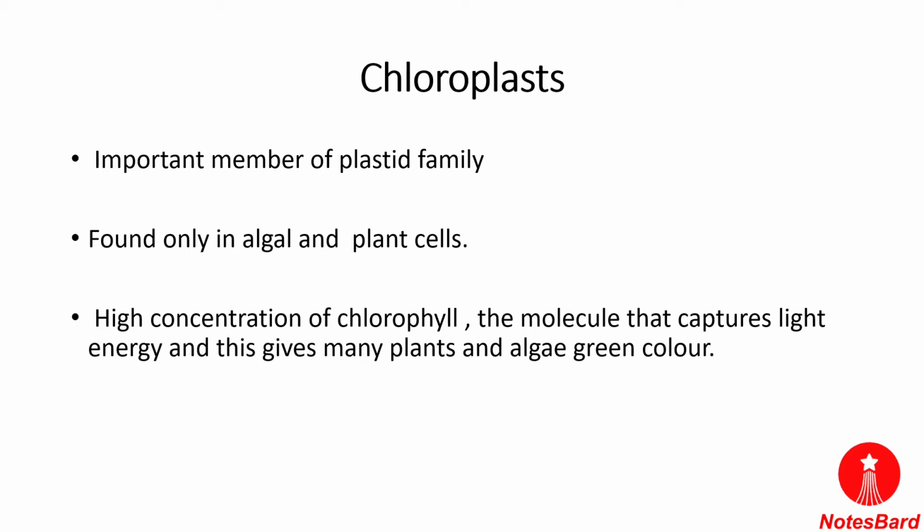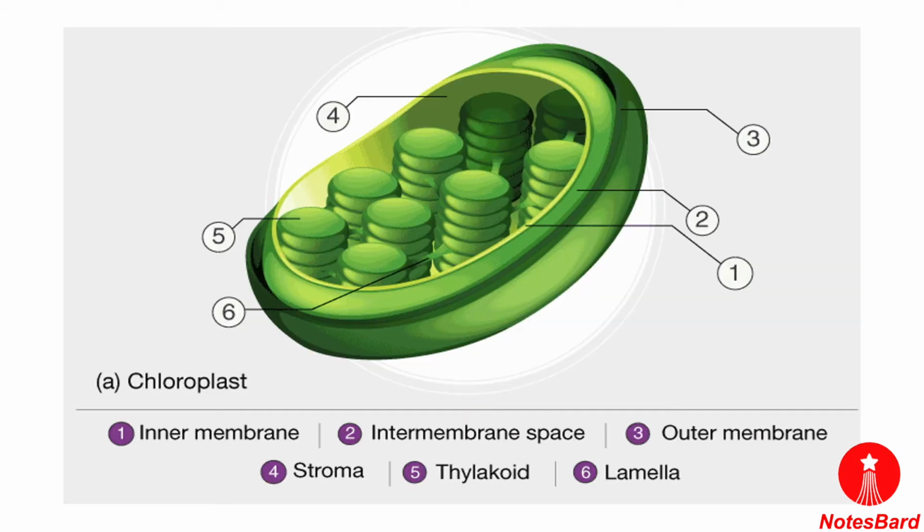The main function of the chloroplast is manufacturing food, and the byproducts produced are oxygen and water. Chloroplasts have chlorophyll, a pigment which gives green color to plants, and they help in the absorption of sunlight that helps in making food for the plant. So this is what the chloroplast is.